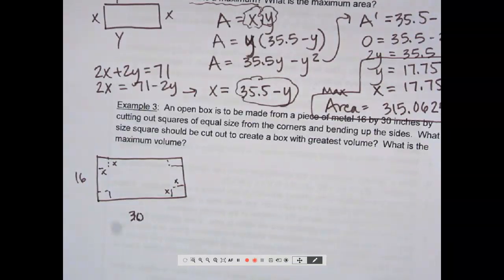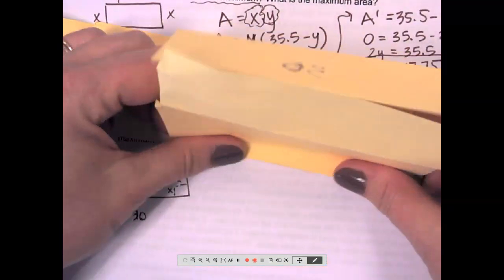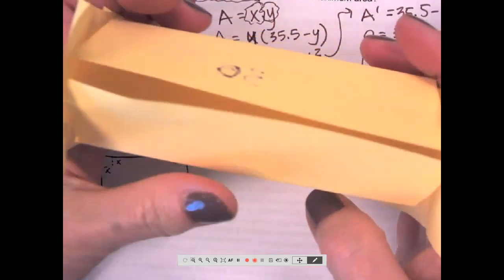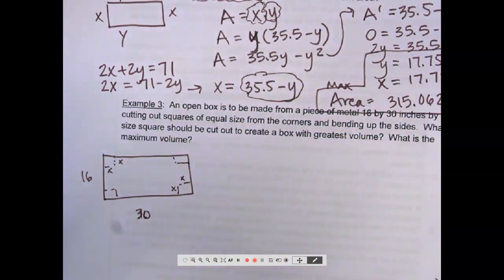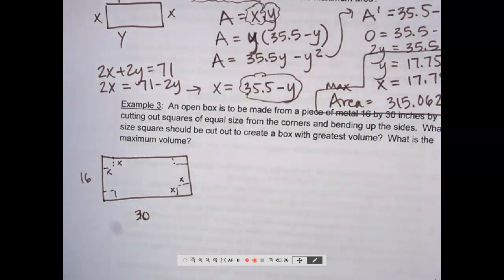So let's say I cut really big squares and my paper looks like that now. So now when I fold it up, it's actually not going to hold very much in that little box. And imagine if I got those squares super close to each other, then it'd be a little bitty skinny box and hold even less. So the volume does change based on the size corner that we cut.